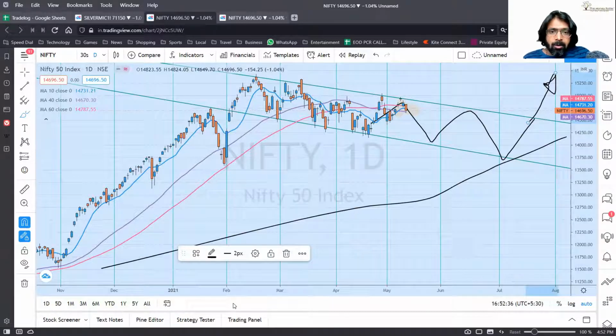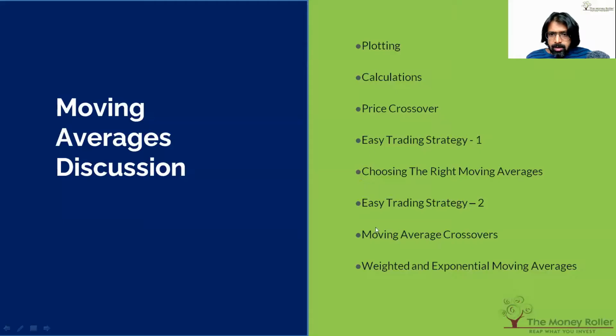Okay, now let's talk about another thing. What is the next thing on our list? Moving average crossovers. Now this is an excellent and a fun thing. Okay, and we can also talk about weighted and exponential moving averages.